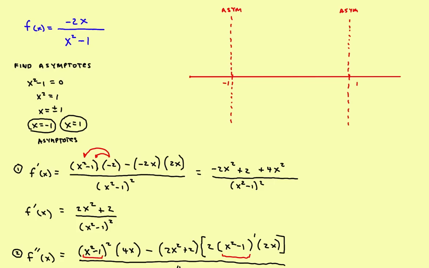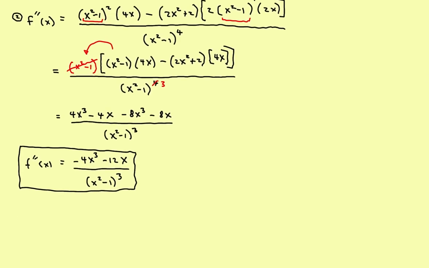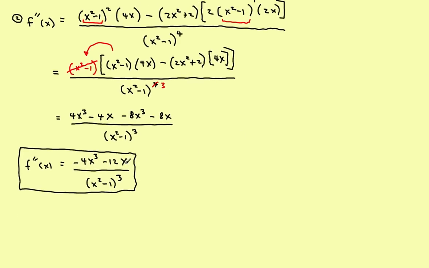So we'll go back to our graph and go down to where we were, and on to this next step. What the next step says to do, to find any additional inflection points, is take the second derivative and set it equal to 0. So I'll take the second derivative, 4x cubed minus 12x divided by x squared minus 1 cubed, and set it equal to 0.